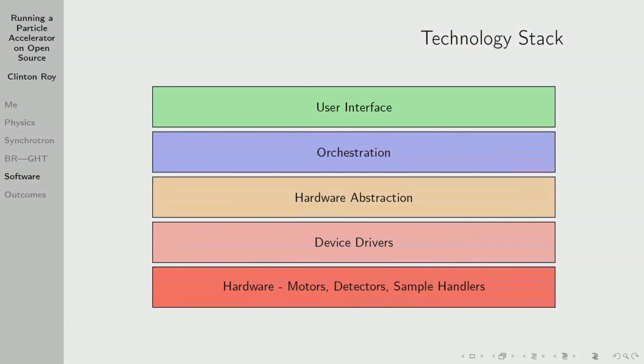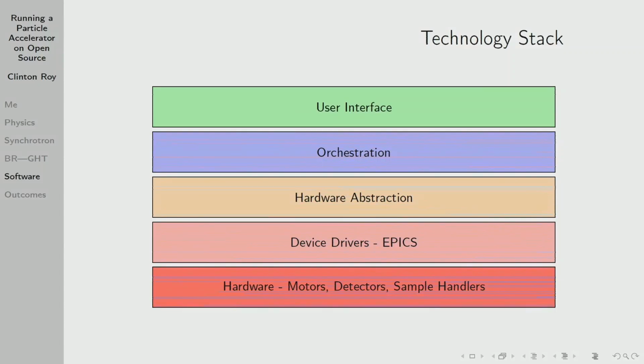We have lots of different sample handlers. Some of our sample handlers are really simple, some of them are really complicated. We've got some things that are just like ABB arms, where they can pick a sample up and move it around and rotate it and do all sorts of things. Some of them are just like a sample plate that has 100 holes in it, and all we need to do is drive it left and right, up and down. Full gamut.